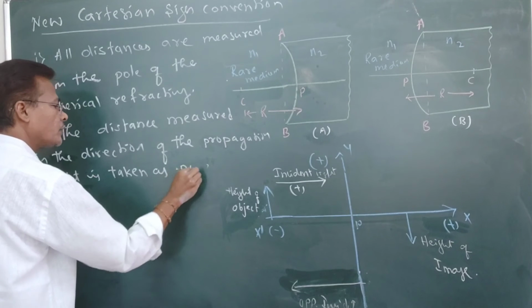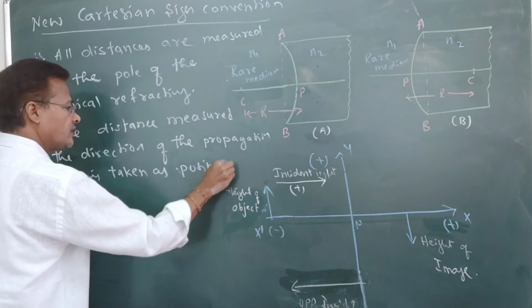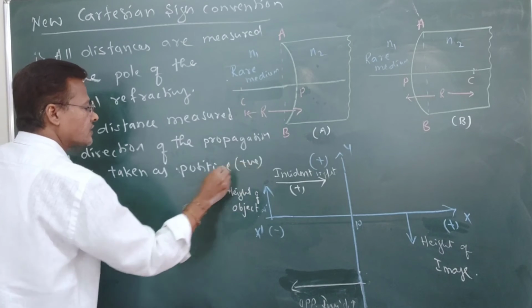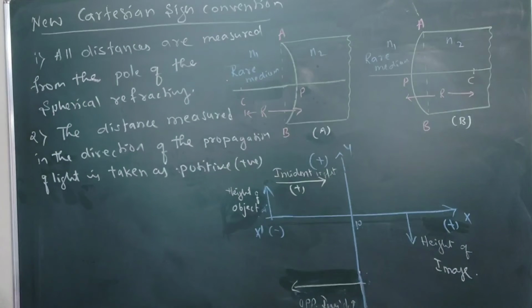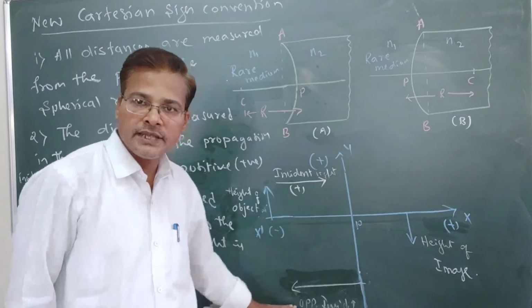What? Positive. And the distance opposite to the incident light, it is taken as what?